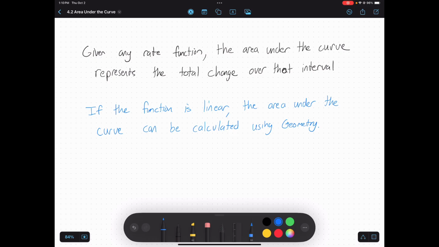I can break up my shape into rectangles and triangles and calculate the area of each of those rectangles and triangles. I'll go through an example of that in an examples video, but I'd love for you to try one out on your own first, and then you can watch that example video if you're still a little confused about that.